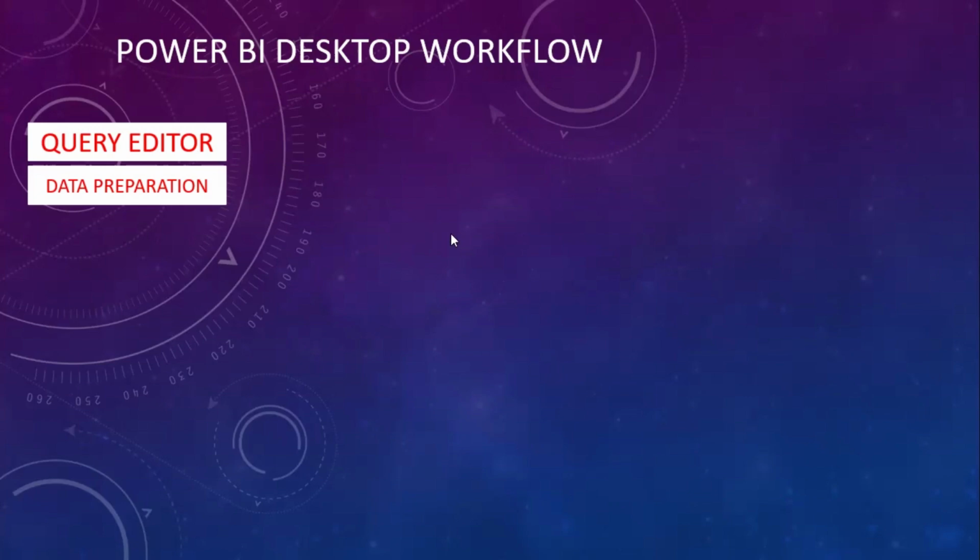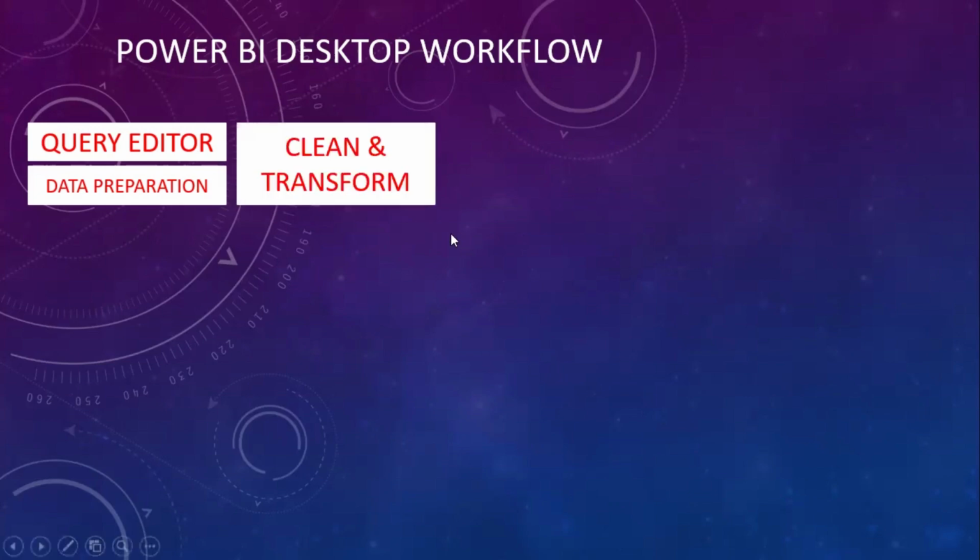And once it enters there, what happens there is data cleaning and data transformation. So right there in the query editor, the preparations you carry out involves cleaning the data and transforming the data. Cleaning the data in this context simply refers to a situation where you look at the data. Some of them might not be properly organized.